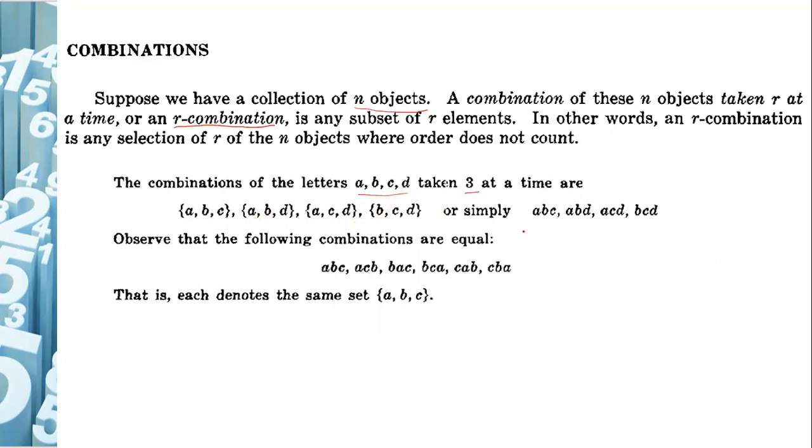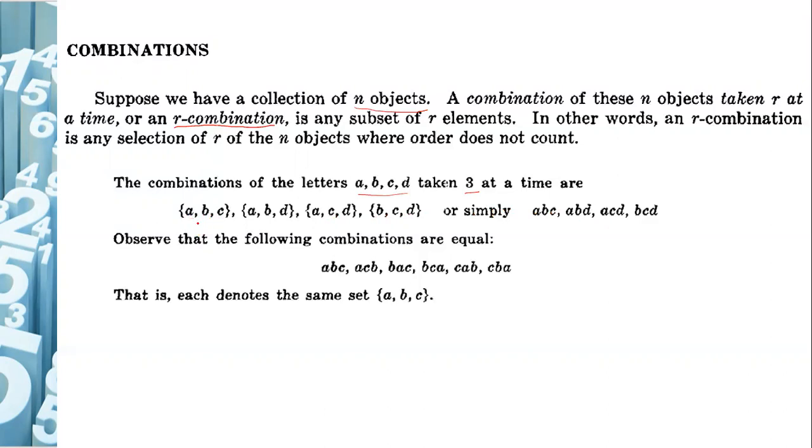From a subset point of view, we can put them in proper brackets like this, or simply represent them like this. Remember, when I say ABC, you may have a doubt: what about ACB, BAC?